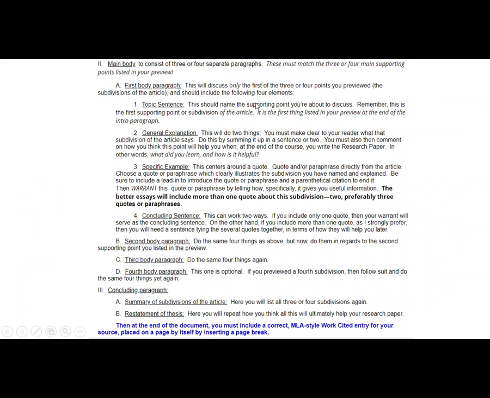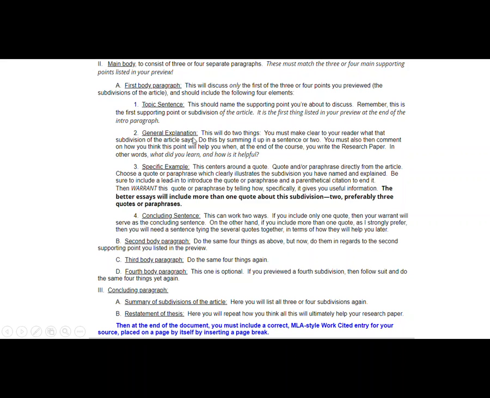Alright, here is the explanation of the main body. And basically what I want you to understand is the bones of the paragraph. You'll have a topic sentence that will echo from your thesis. You'll have a general explanation. The general explanation does 2 things.